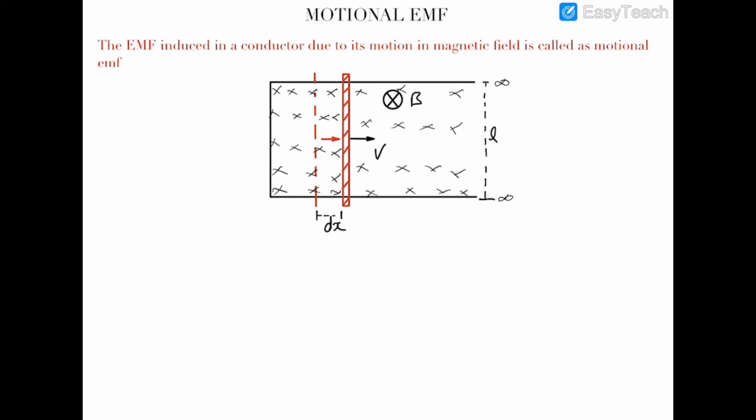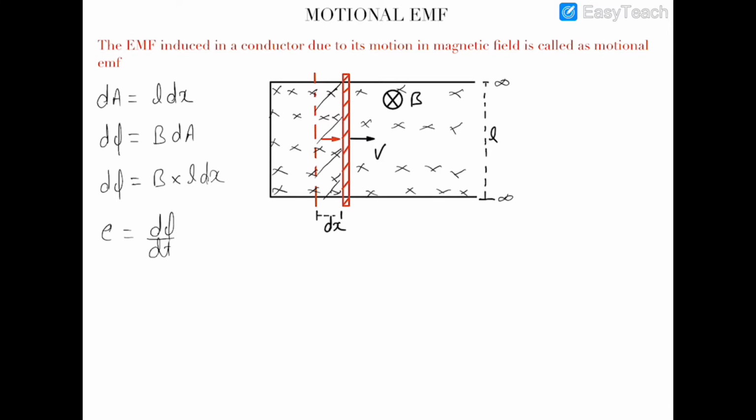Now let us say that the change in area due to the movement of the rod is this shaded part. So this change in area dA will be equal to L dx, and dφ, the change in flux due to this change of area, will be B dA. So dφ will be equal to B L dx, and the magnitude of EMF is equal to dφ by dt.